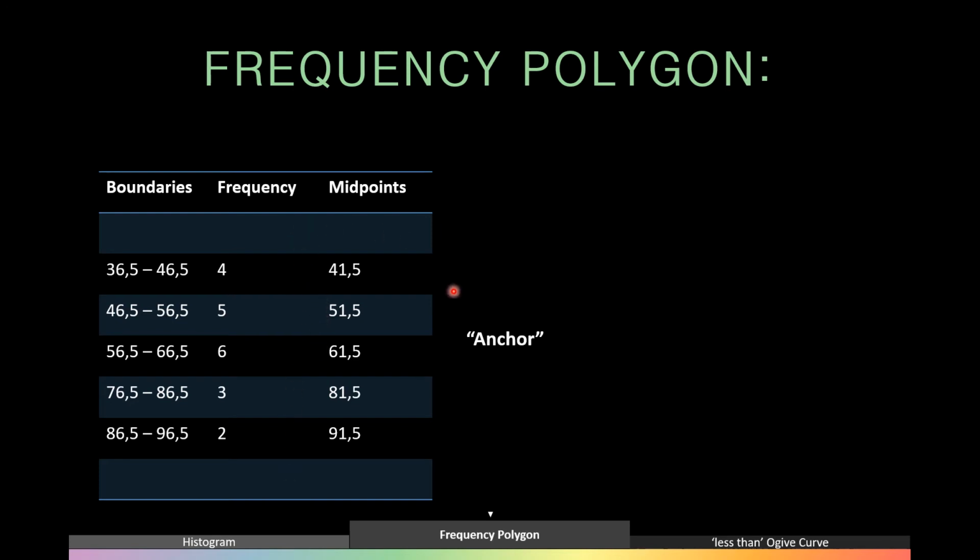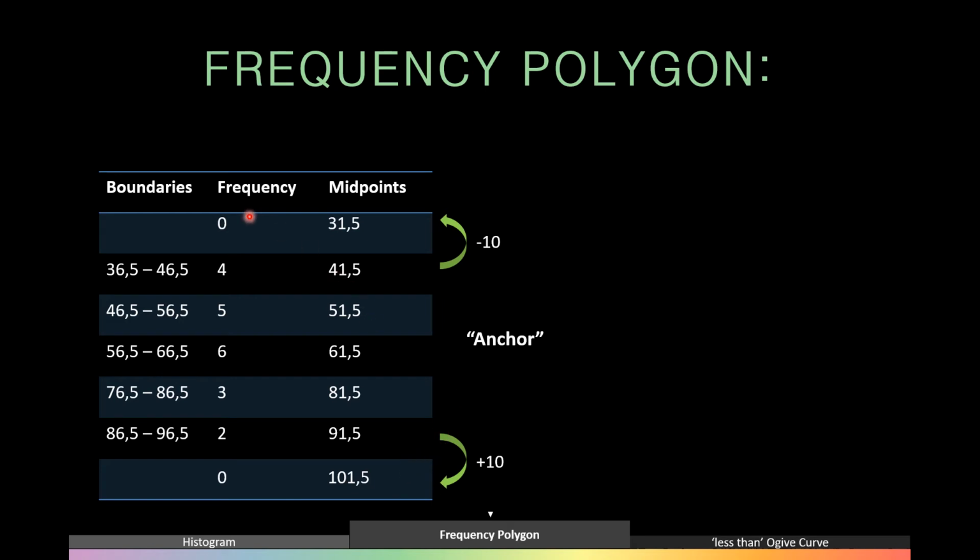If we take any 2 consecutive midpoints and find the absolute value of the difference between them, we see that there's a difference of 10. It's quite clear: from the first midpoint, we are incrementing by 10 to get to the next midpoint. So we would get midpoints of 31.5 and 101.5.